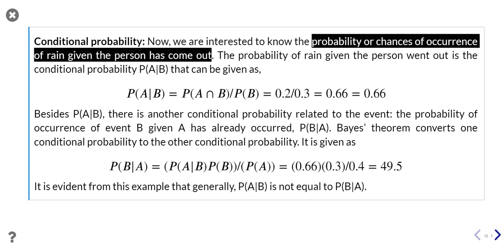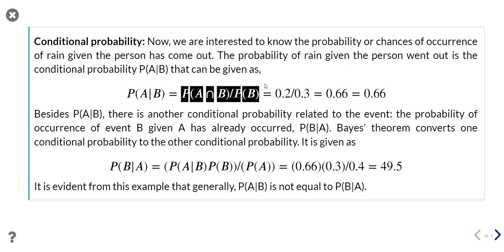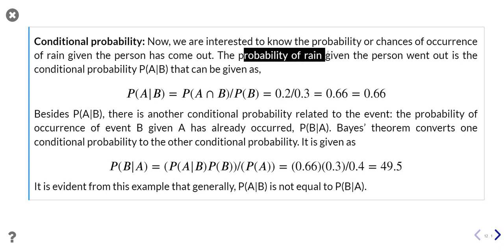Of course, this is the mathematical formula, which is calculated to find the probability of rain given the person went out. So we write the probability of event A given that event B has taken place.